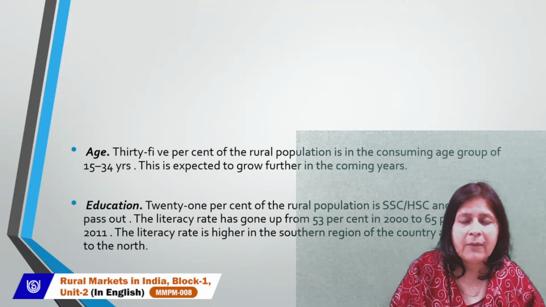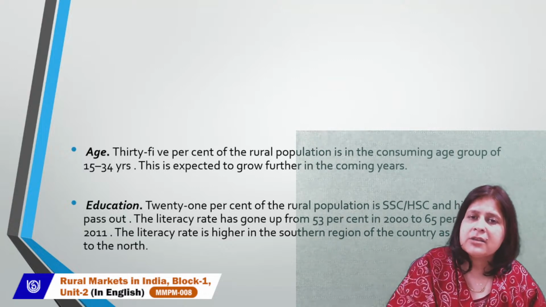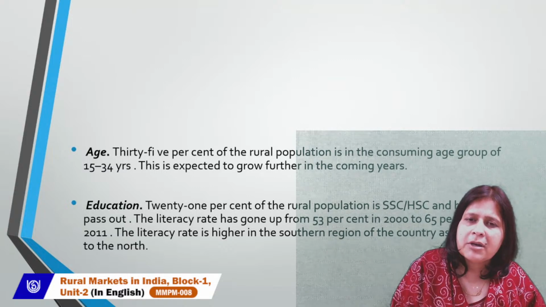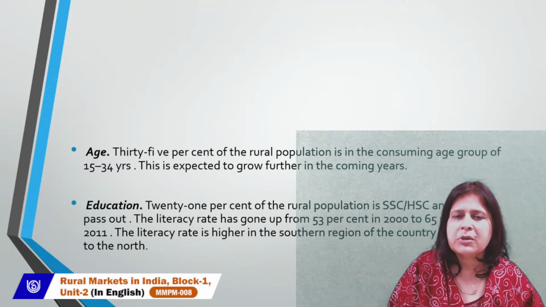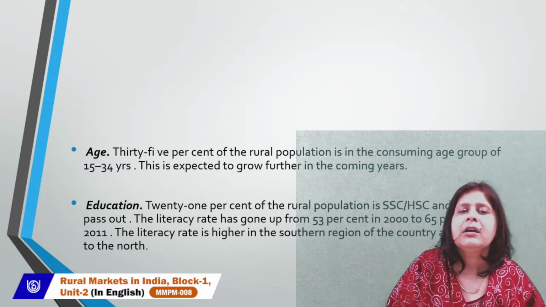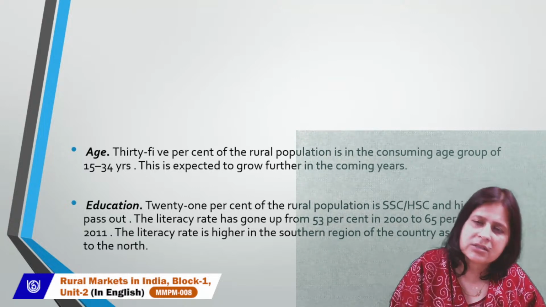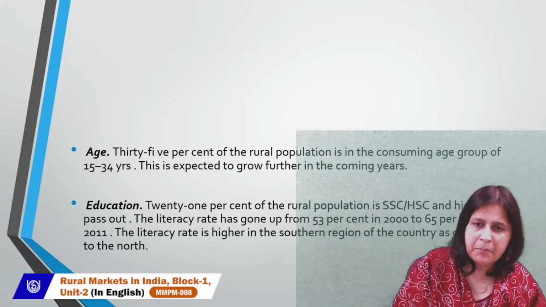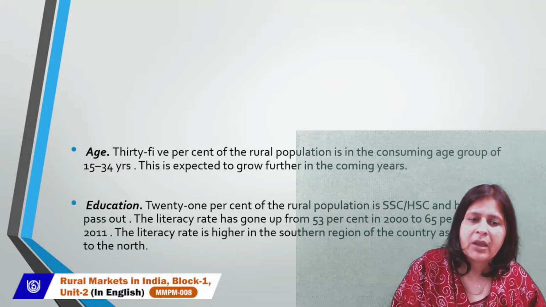So in 2000 the literacy rate was 53%, and as per the census of 2011, the literacy rate is about 65%. So the literacy rate is going up, and it will impact the consumption pattern.